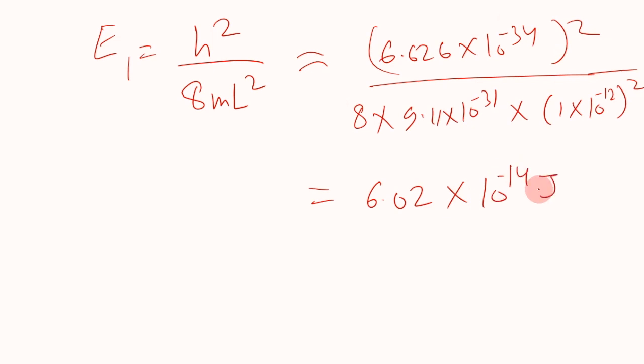So this is our non-relativistic energy, and if you compare it with the relativistic energy, the percentage error comes out as 28.6%.